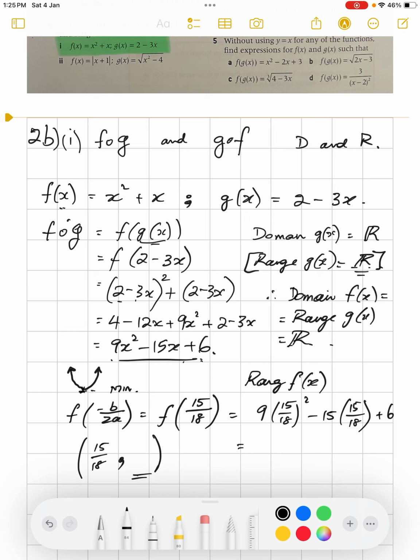Alright, sorry, I couldn't find the calculator, so let's just do it on my iPhone. So let's find the calculator.